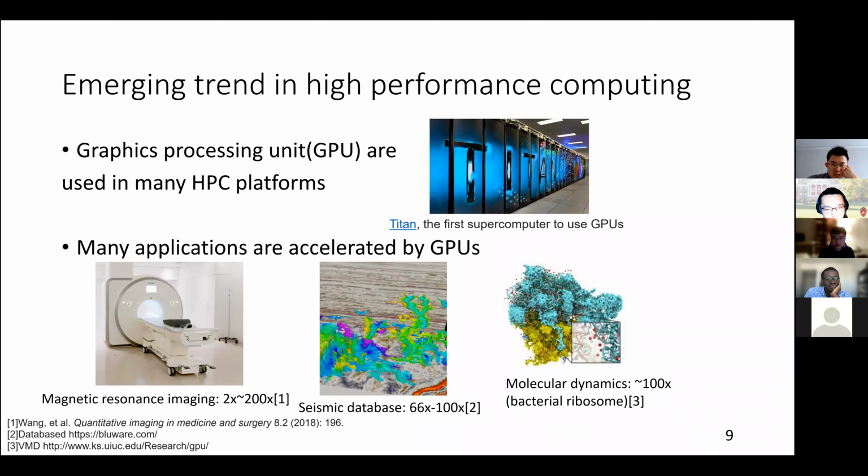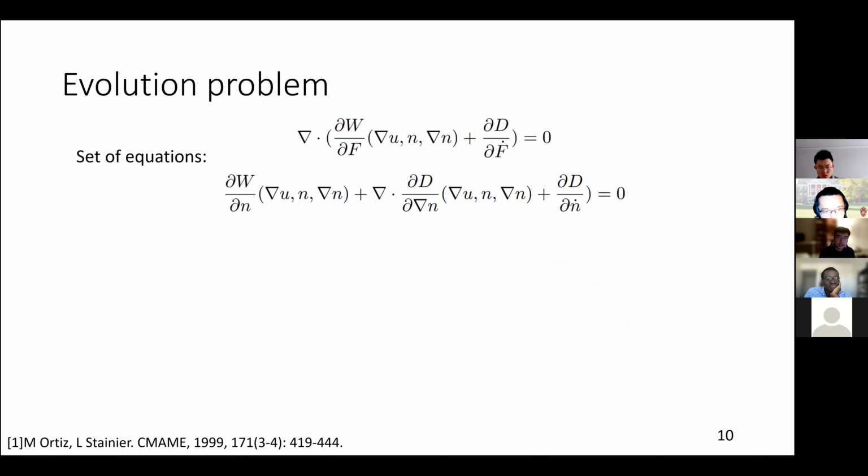So today's work is to take advantage of the computational power of GPU and to further help us solve the micromechanical problems. So given the energy, let's come back to the set of equations we have.